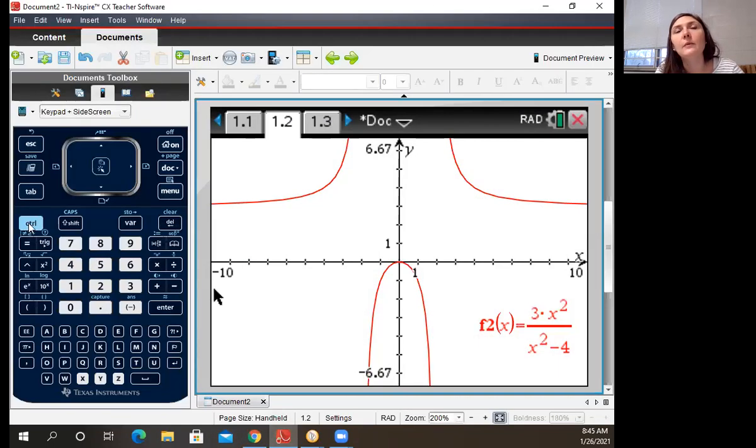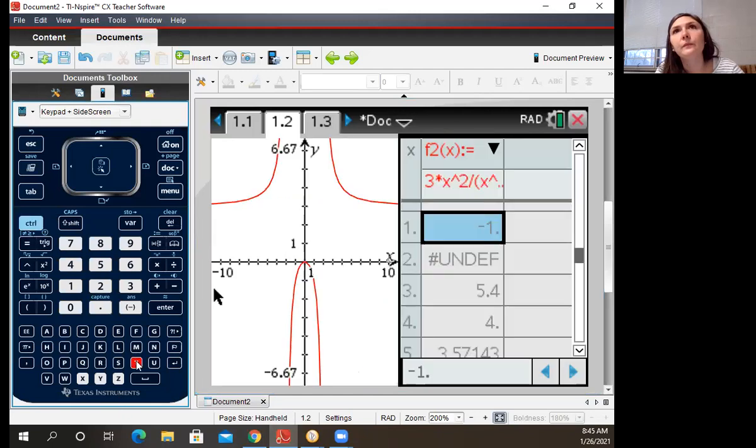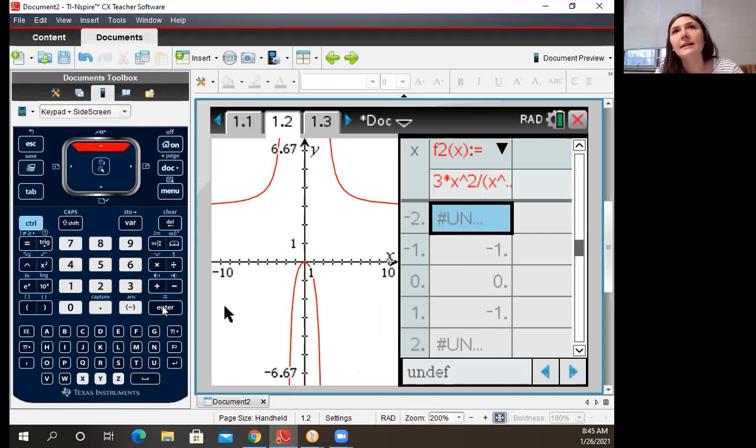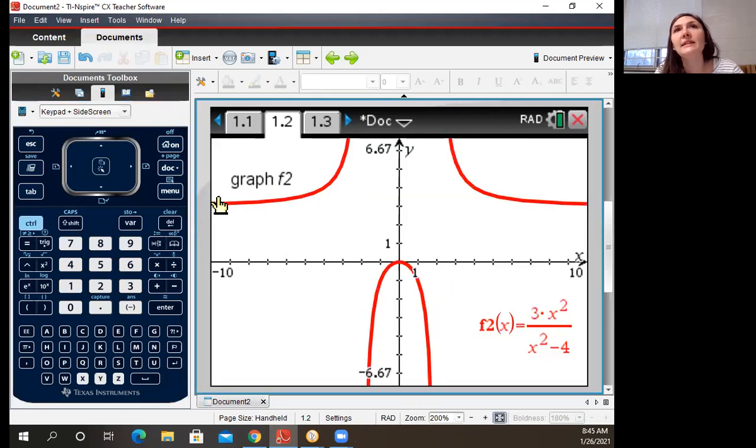If I pull up my table, at positive 2, undefined, because we have an asymptote, and at negative 2, undefined, because we have an asymptote. So that means that I have an increasing interval, so my graph is going up, from negative infinity until x is negative 2.